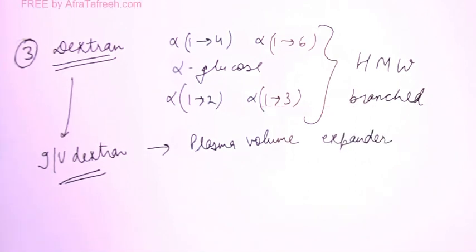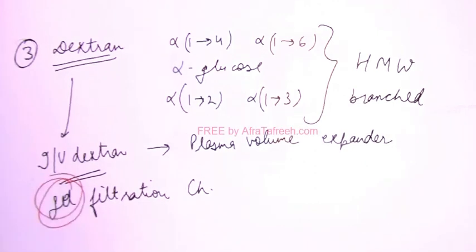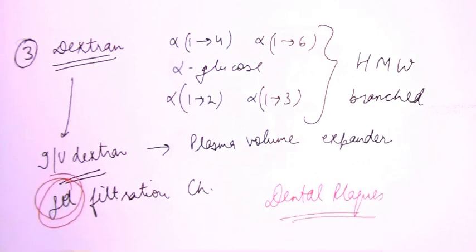And we have a technique, gel filtration chromatography. In gel filtration chromatography, the gel which is used is biochemically dextran, and also the dental plaques which get deposited in our teeth, they are also network of dextrans, right?